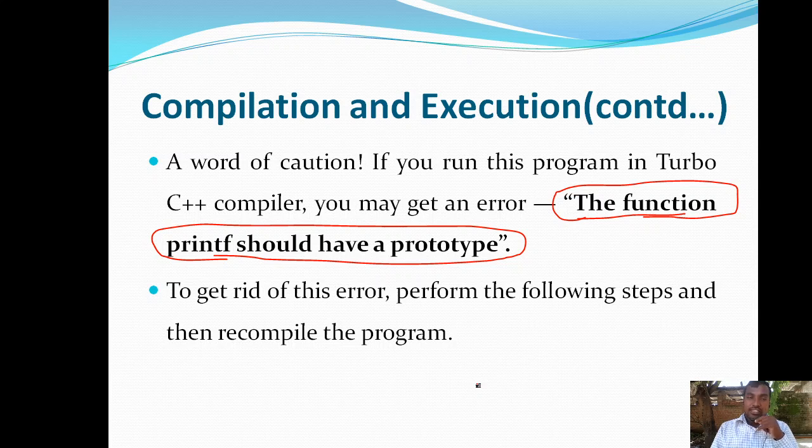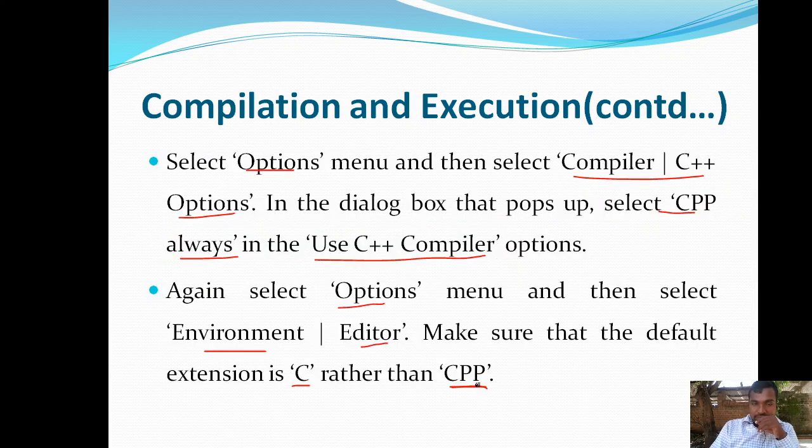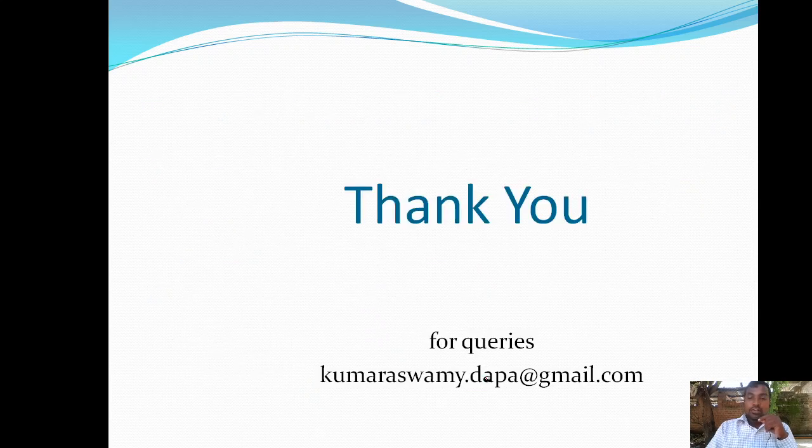So you need to include that header file every time to get rid of these error messages, or you can change the default extension to C rather than CPP. Then there is no need to write include statements like #include stdio.h. Okay, so this is about today's session.